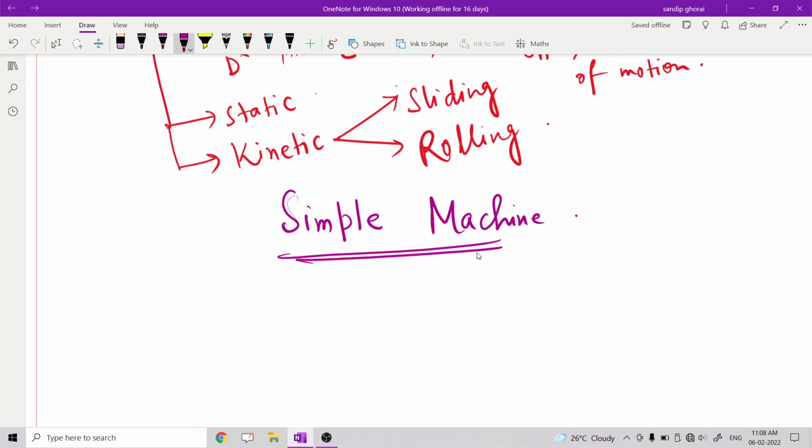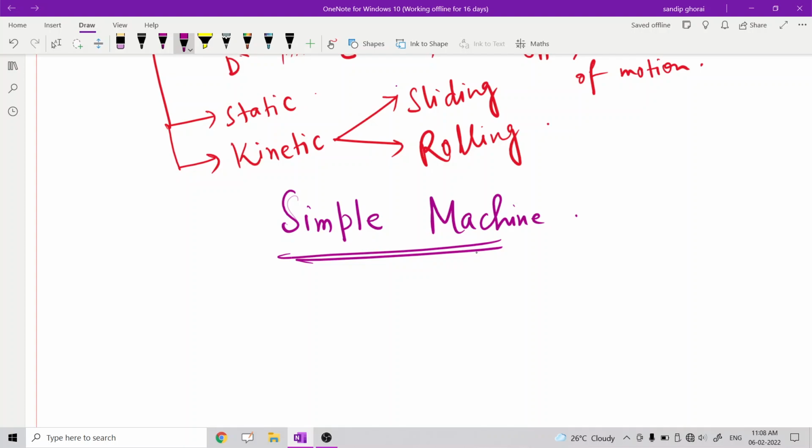If you think about different types of machines, we can take different examples. Suppose a spoon, this is also a machine. A bottle opener is also a machine. You can also think about a car, a cycle. All these things are machines.